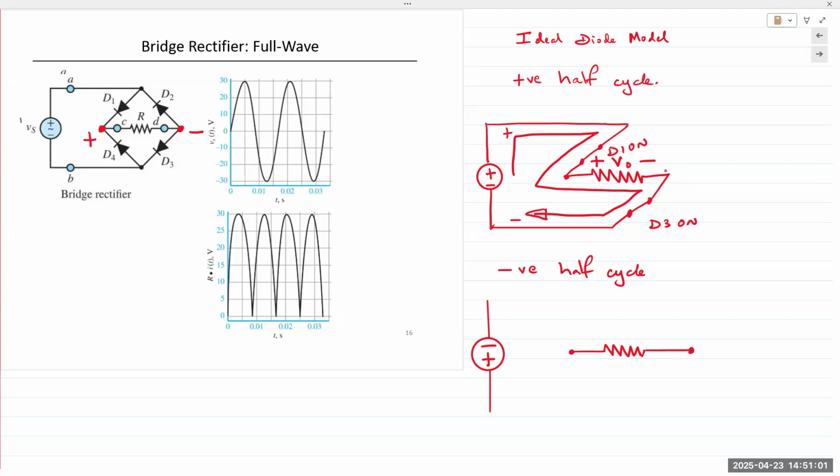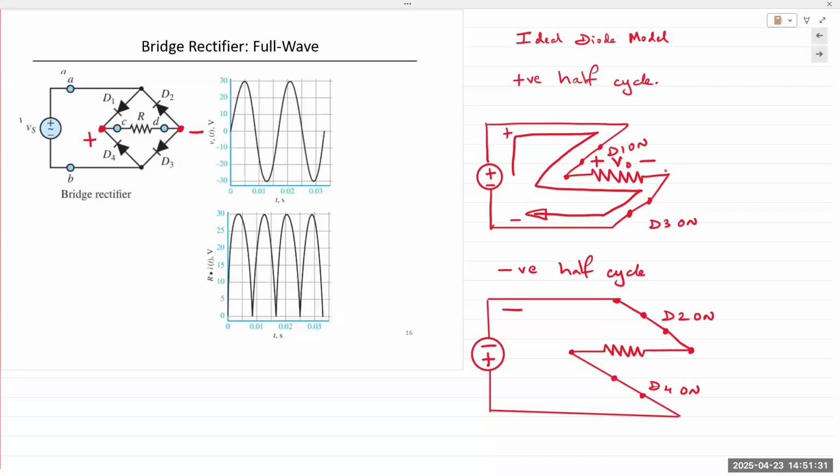That's a good way to represent it. D2 is on here, and this is D4 that's on.